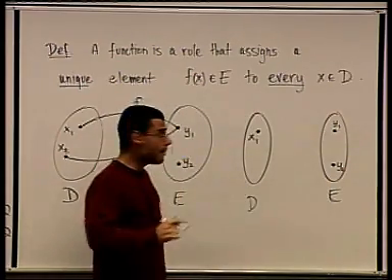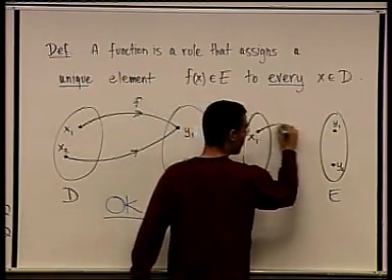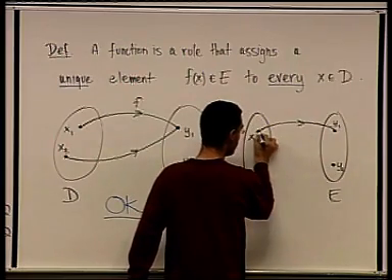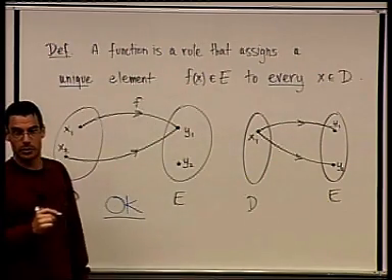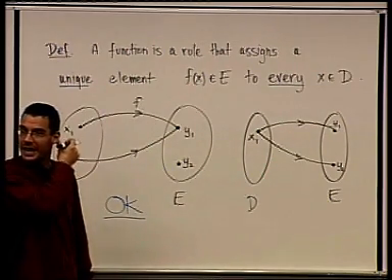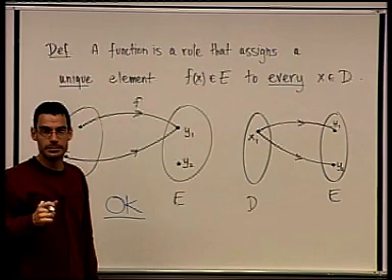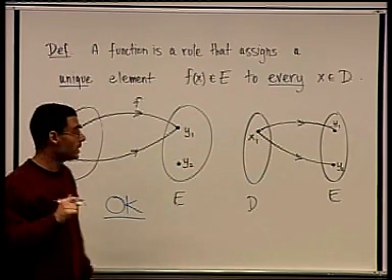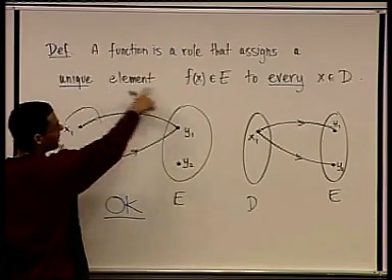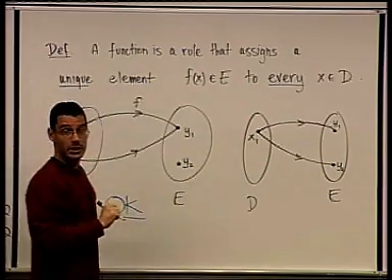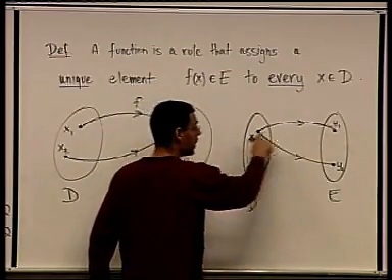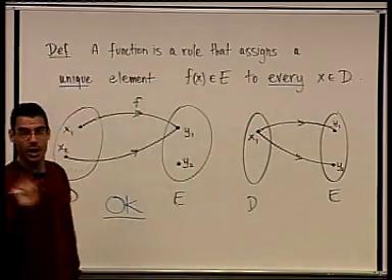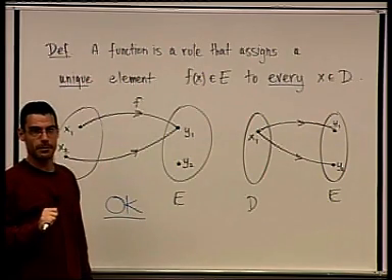It can never happen that the arrow from x1 goes both to y1 and to y2. Why can that never happen? Because it's unique. A unique element f of x to every x in D. This is exactly saying that these are not unique. This x1 got two images. Wrong by the definition of the function.